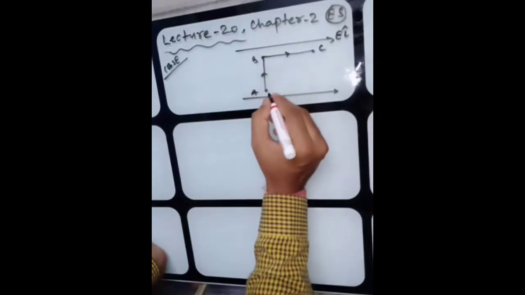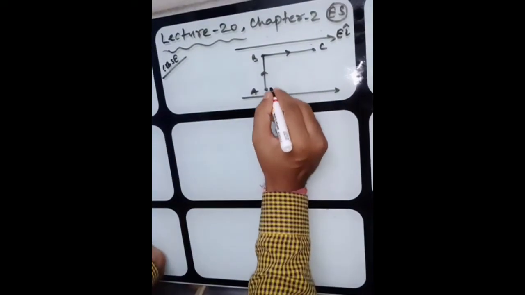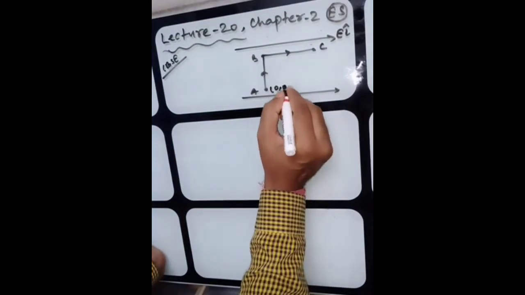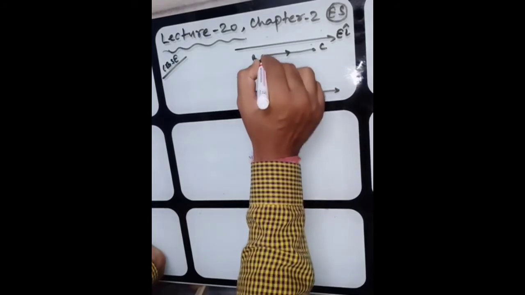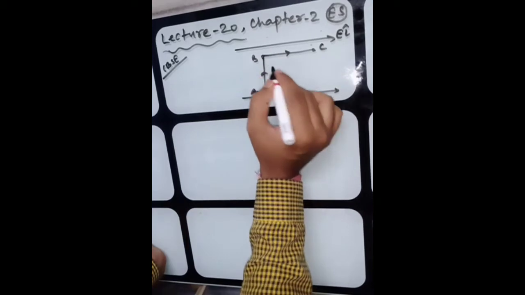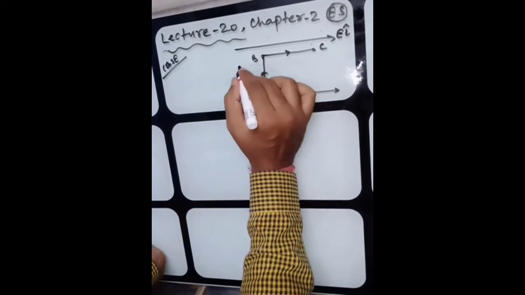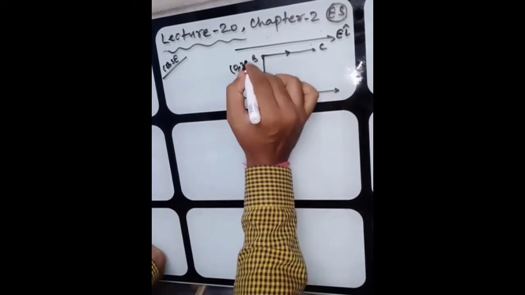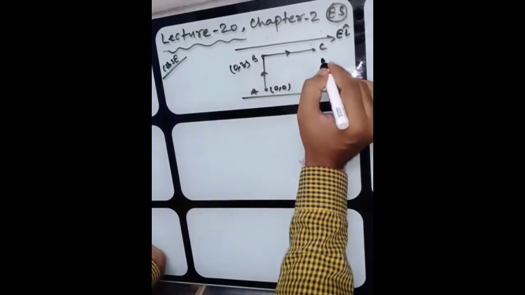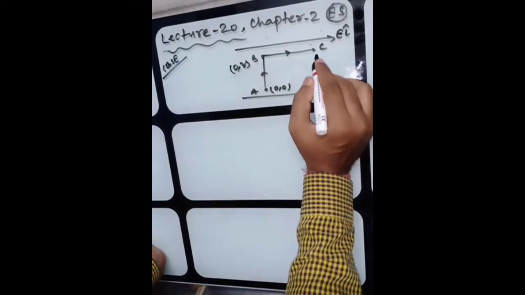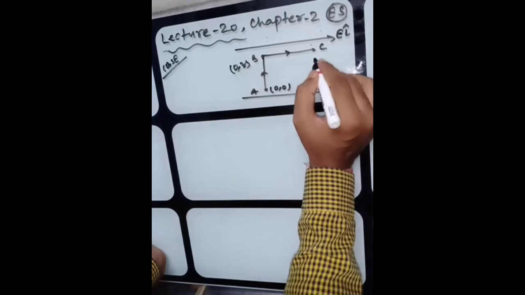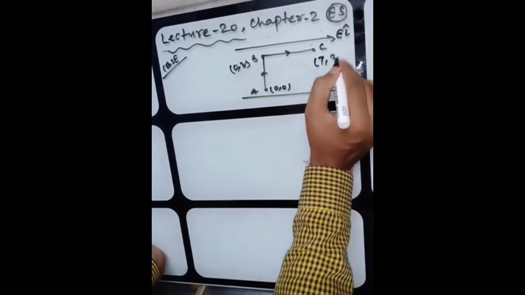I'm giving you the coordinates. Suppose A is the origin, 0, 0, and point B is 0, 3. Point C, since x is changing and y is also changing, suppose it is 7, 3.